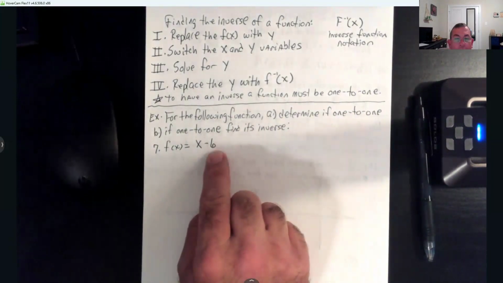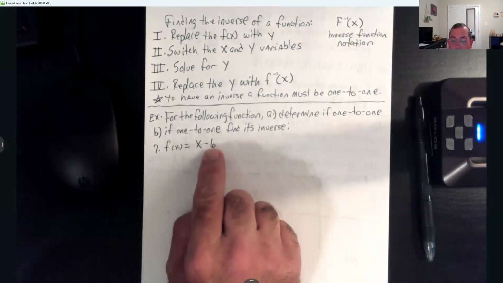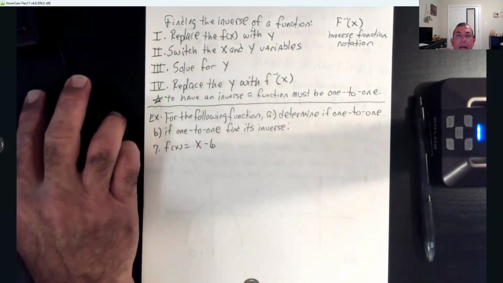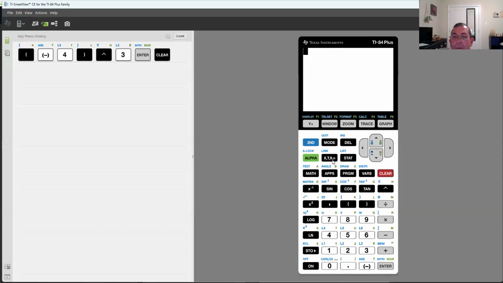Now, I will show you this on my calculator. So I'm gonna go to y equals and put in x minus 6 on our calculator, okay? So let's see. All right, so that was from a while ago. So I'm gonna go to y equals, and we had x minus 6. I'm gonna graph that.